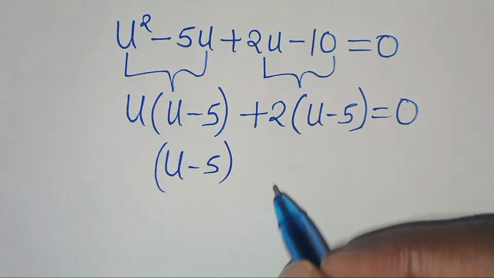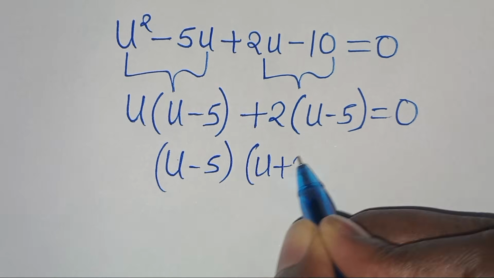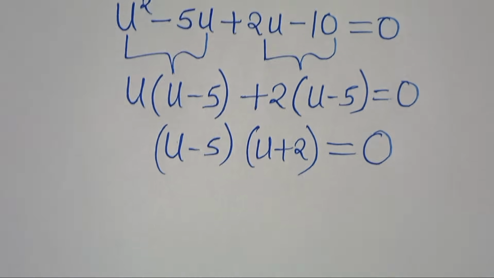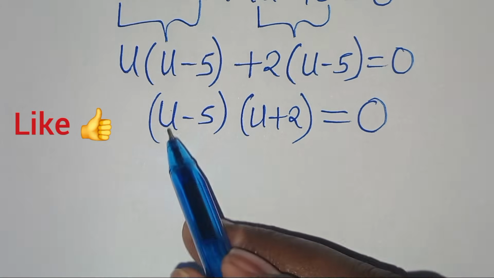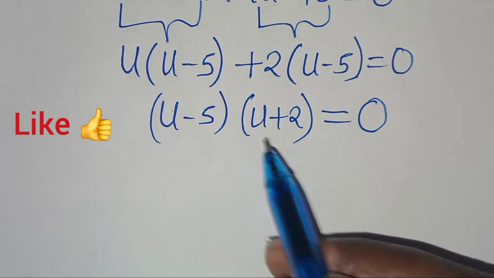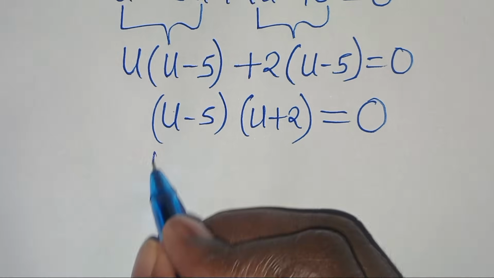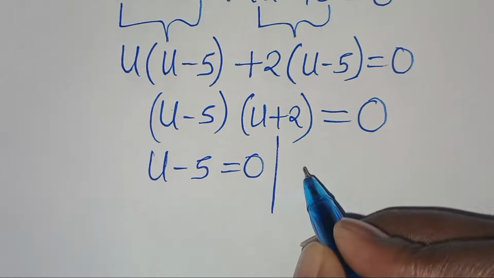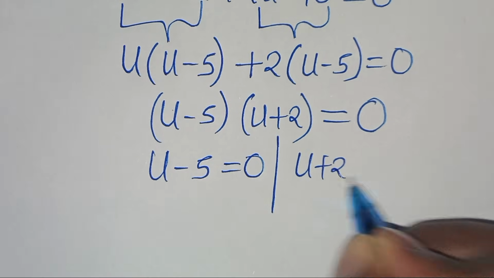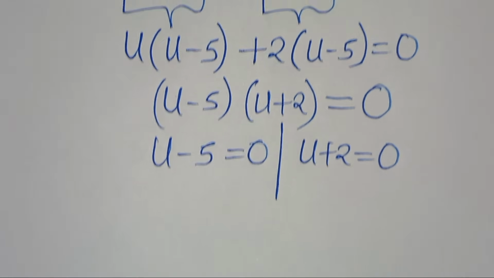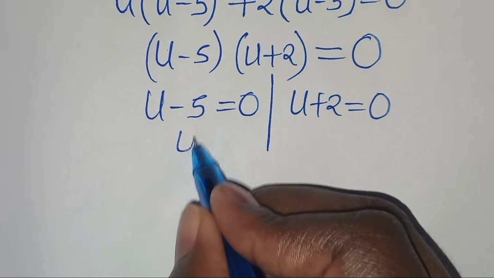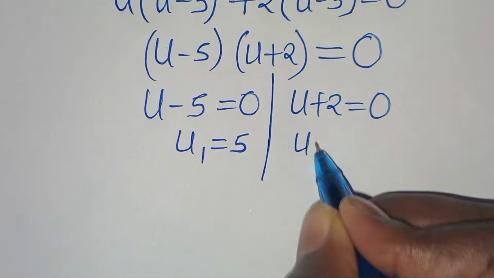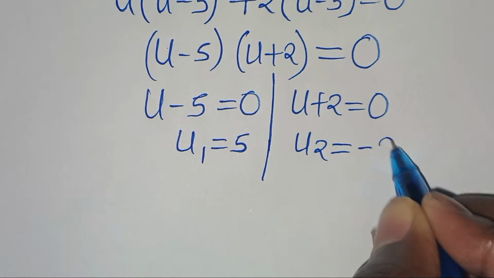Then we have u plus 2, and everything here is equal to 0. So u minus 5 is equal to 0 and u plus 2 is equal to 0. So we have u1 is equal to 5, and u2 is equal to minus 2.